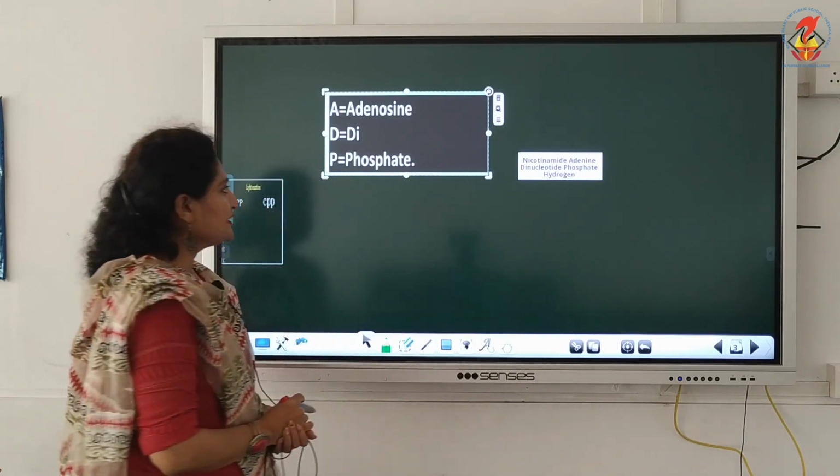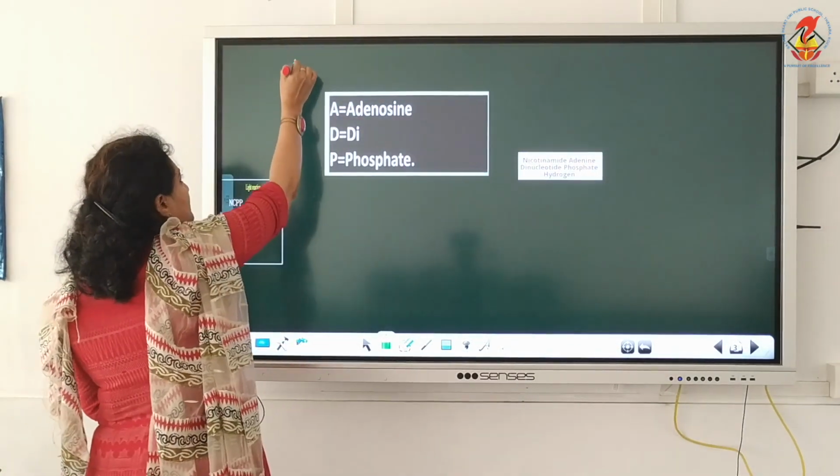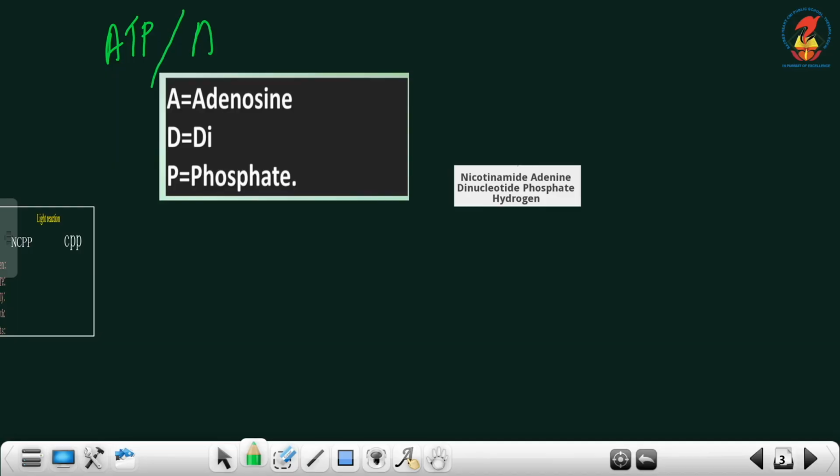Now before going into light reaction, I have given you an abbreviation of the energy molecule ATP, or let it be ADP. Its full form is: A stands for adenosine, D stands for di, and P stands for phosphate. So it is the full form for ADP. If it's ATP, the only change is instead of D it is T, which means tri.